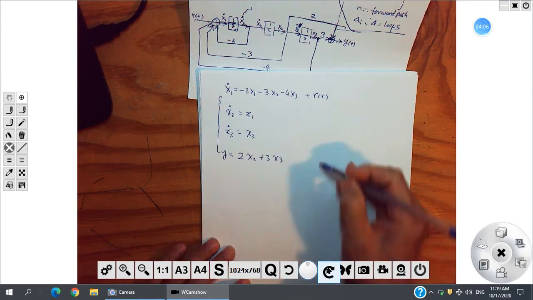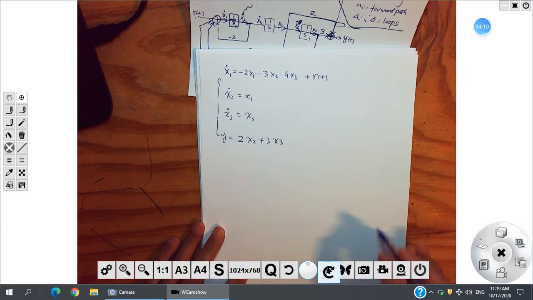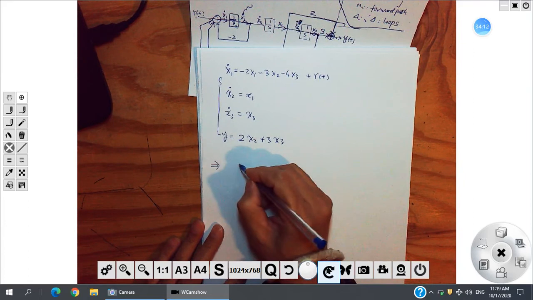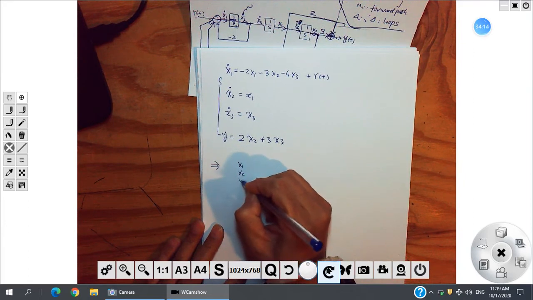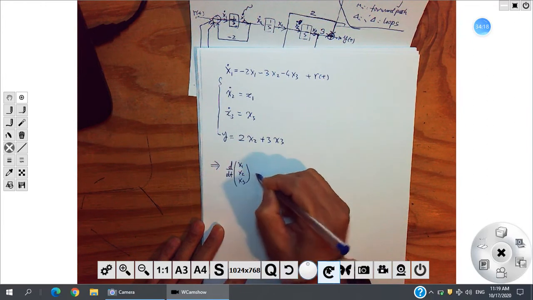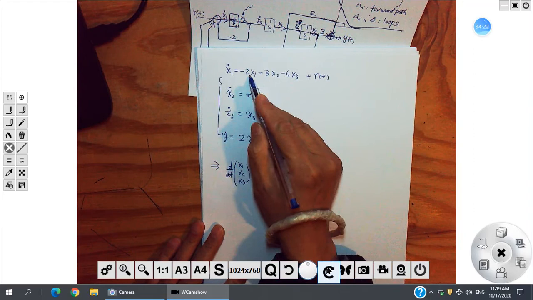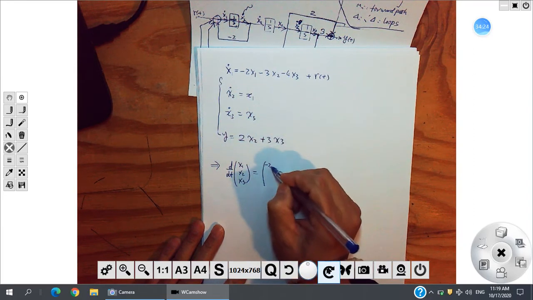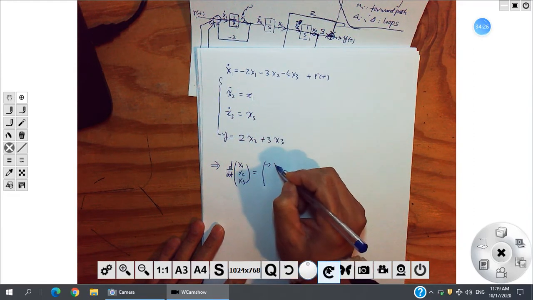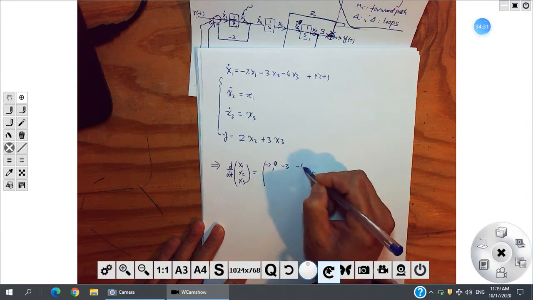That's it, right? Of course, we prefer the matrix form. That is x1, x2, x3, take derivative, equal to: x1 derivative is -2 times x1, then -3 times x2, then -4 times x3.